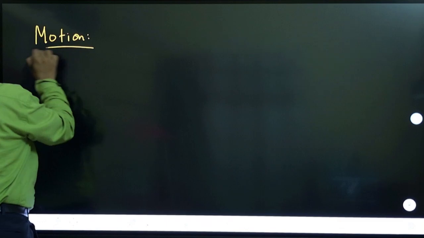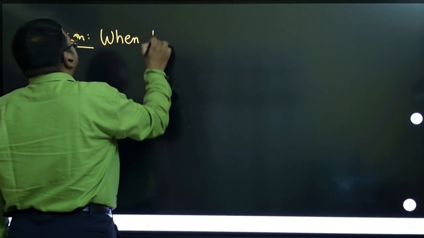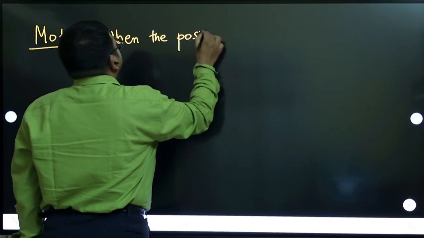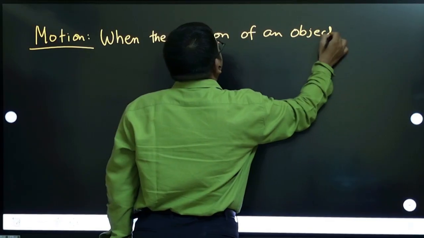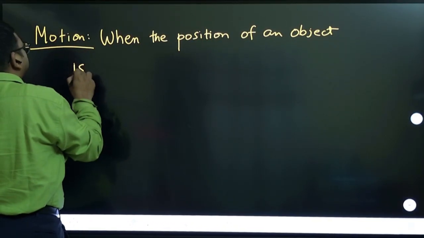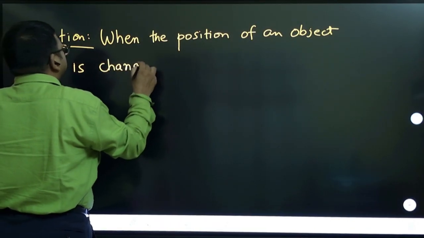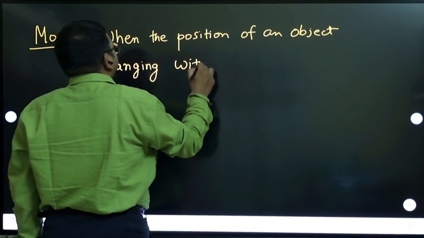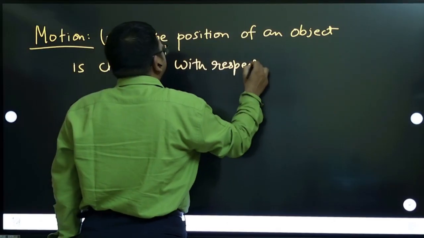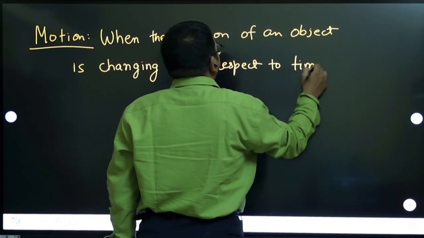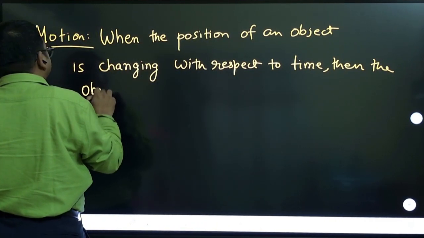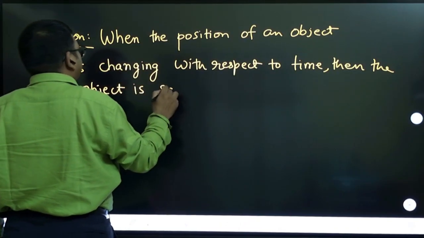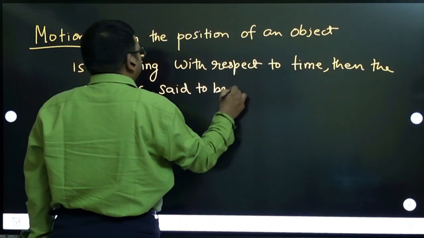So motion means: when the position of an object is changing with respect to time, then the object is said to be in motion.